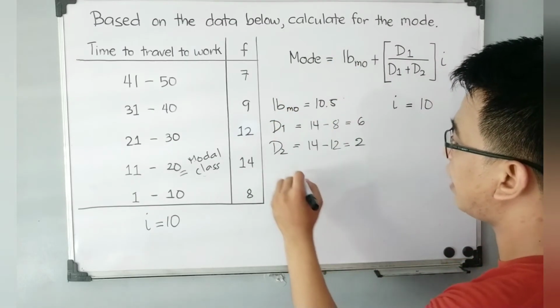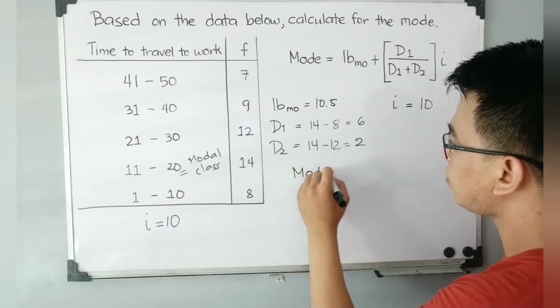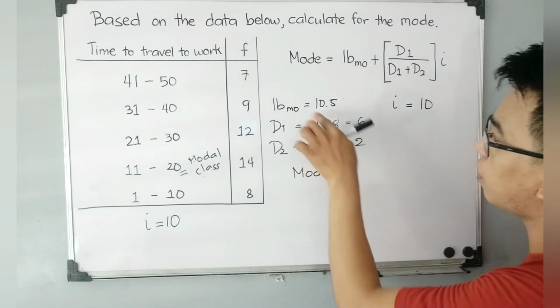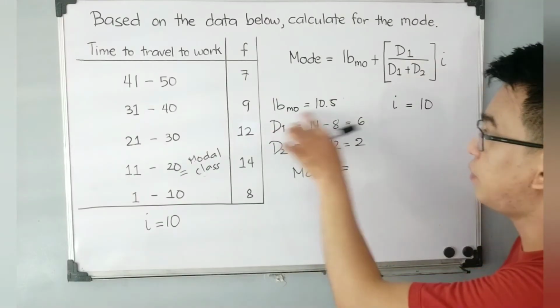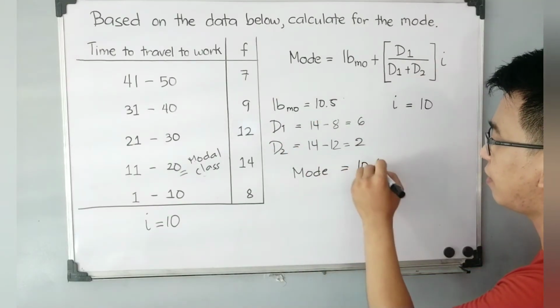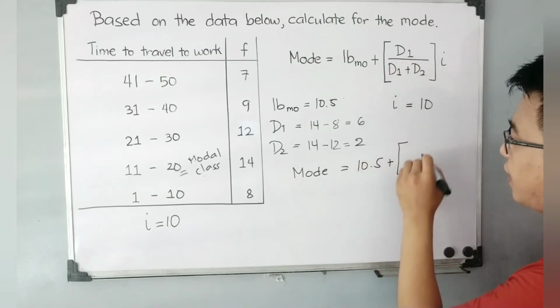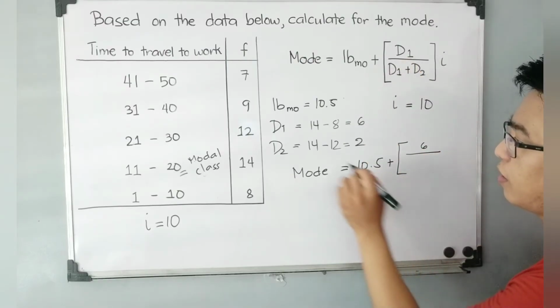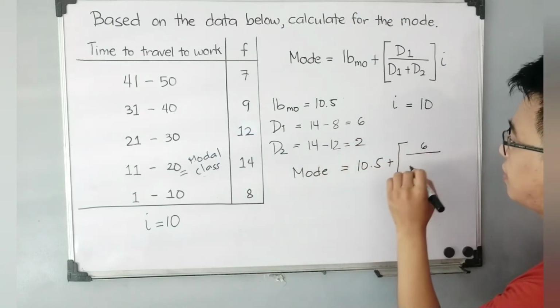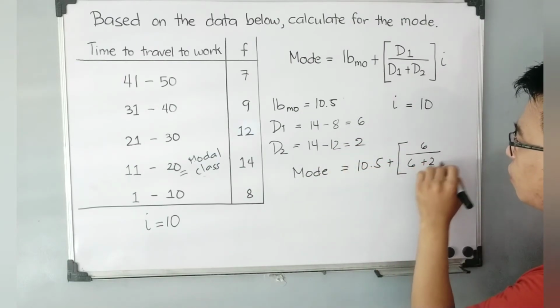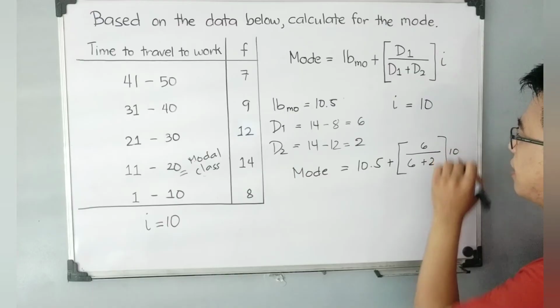So using the formula, the mode is equal to the lower boundary of your modal class, which is 10.5, plus your D sub 1, which is 6, over D sub 1 plus D sub 2, which is 6 plus 2, times your interval, which is 10.